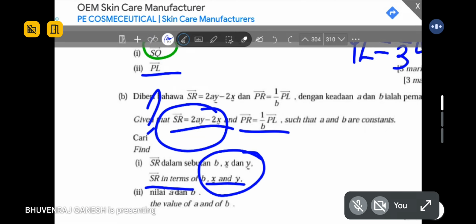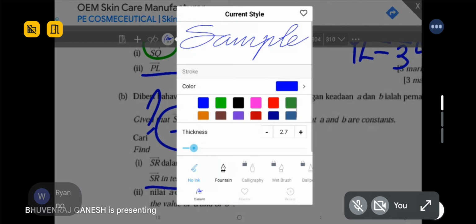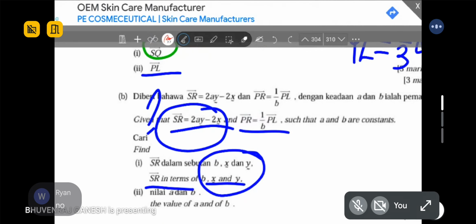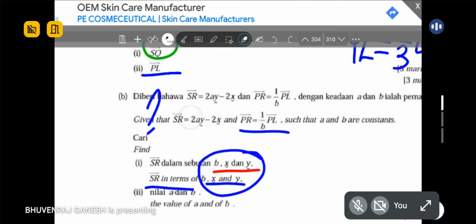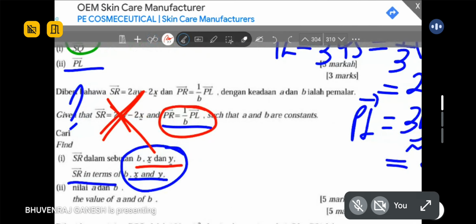Boleh atau tidak, guys? Cannot. Because you see A over here, guys. Nampak A tak? The question doesn't have A. So that means this information you cannot use right now. Tak boleh guna yang ni. So you can only focus on this one. Are you clear? Because you must have B.